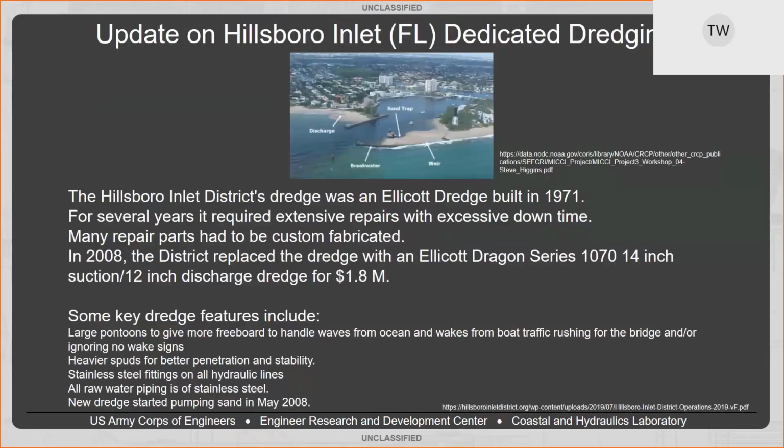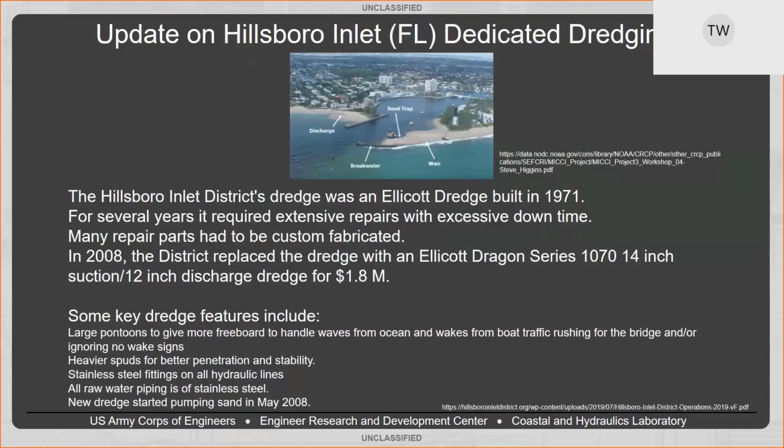Now, as we're going out doing the survey, we're seeing some inlets bypass sand with dedicated dredges. And when I say dedicated dredges, I mean that the dredges are used at the inlet and they stay at the inlet. What we've got are Hillsborough Inlet, Florida, Santa Cruz Inlet, California, and Bakers Haulover Inlet in Florida.